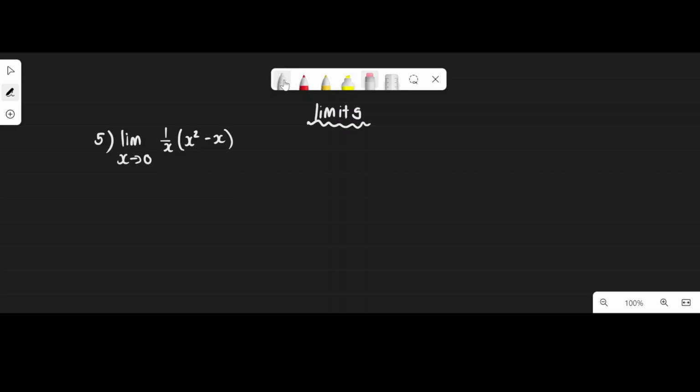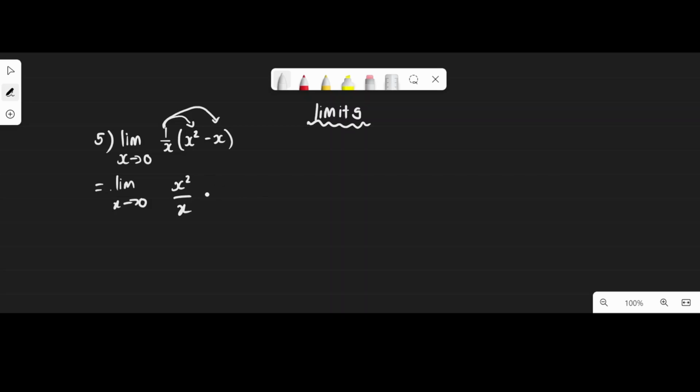So what we're going to do is distribute this 1 over x inside the bracket. So let's do that. If we say the limit when x approaches 0, right, then we're going to distribute it inside. So it's going to be 1 over x multiplied by x squared. It's just the same as x squared divided by x, right?